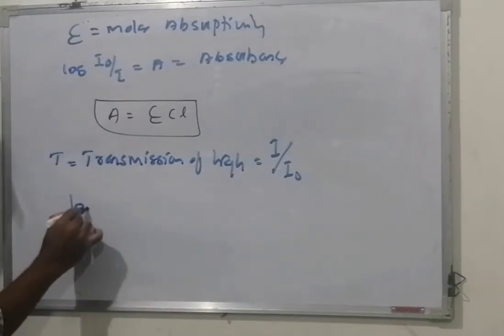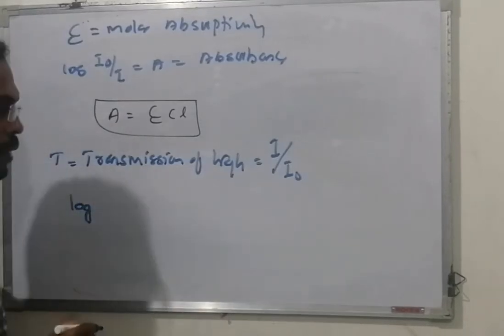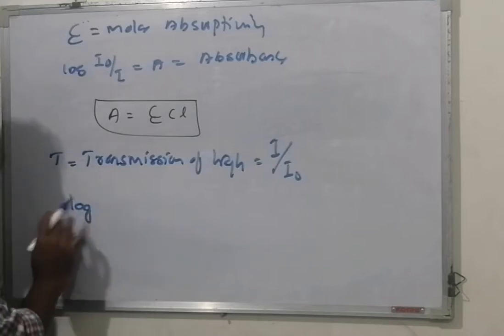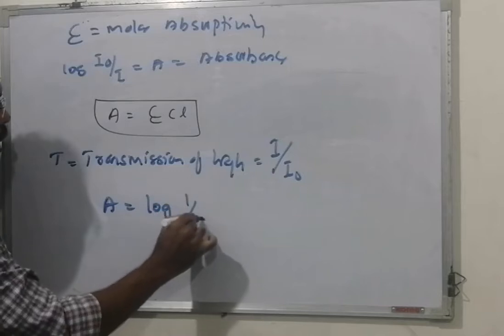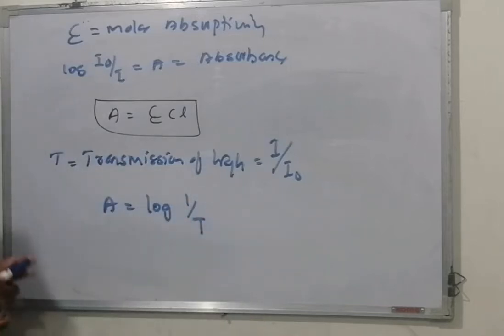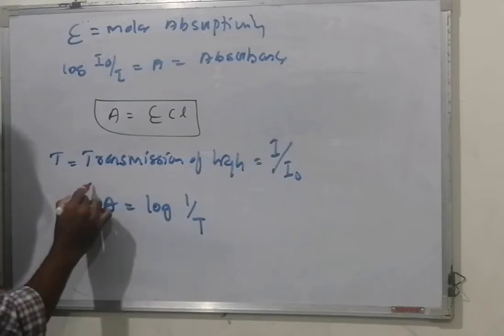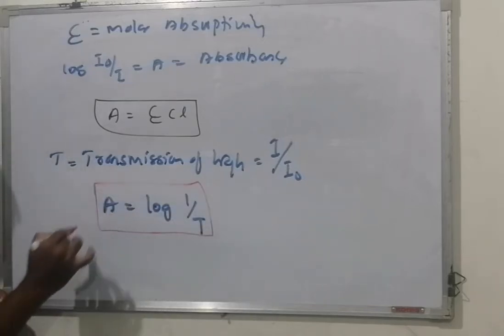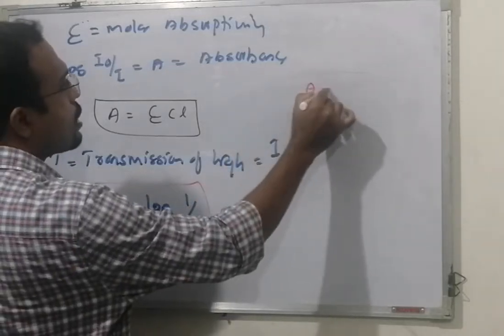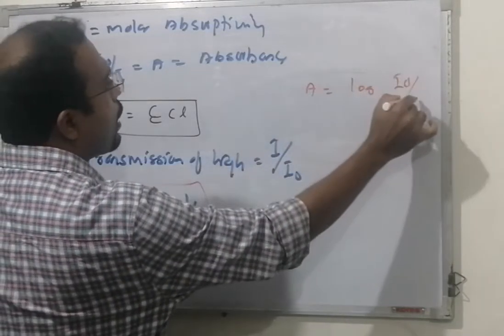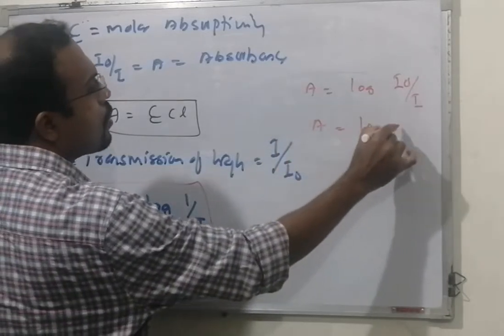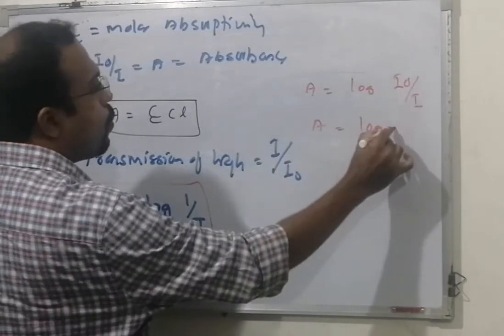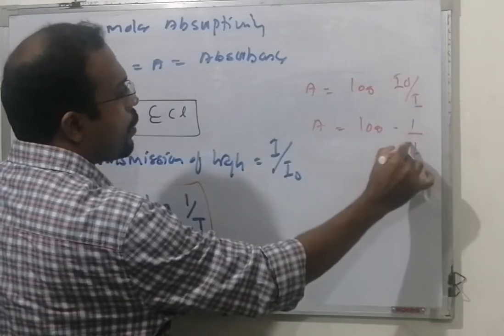Therefore, the relation between A and T is A is equal to log 1 upon T. This is the relation between transmission and absorbance, because we know that A is equal to log I0 by I, or A is equal to log 1 upon I by I0.